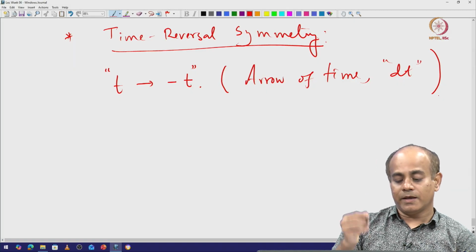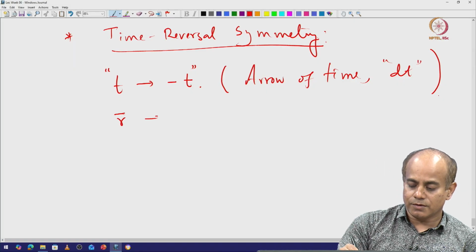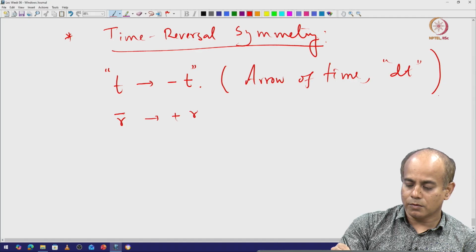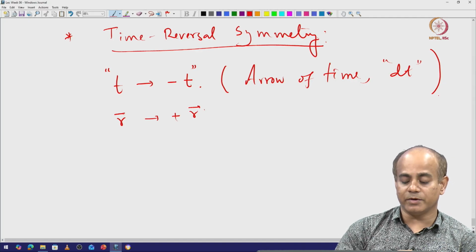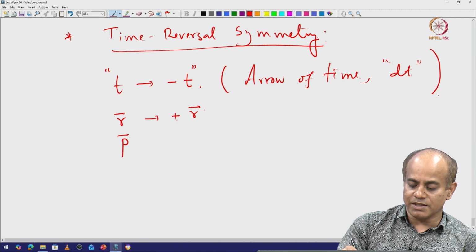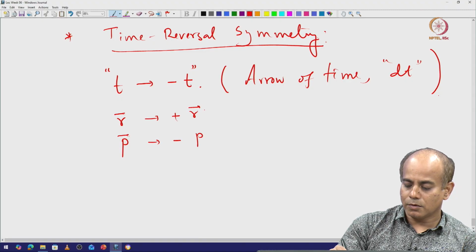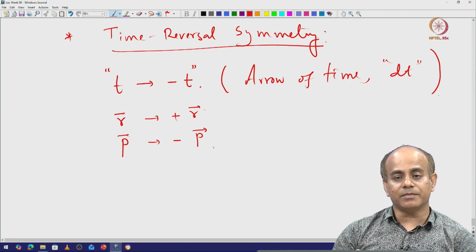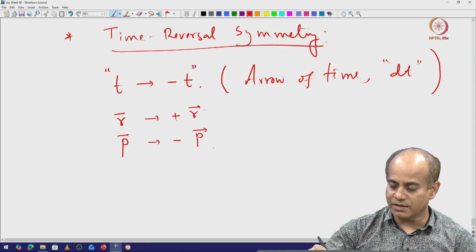Okay. So, position does not change under time reversal, but the momentum changes because it has the time in the denominator.